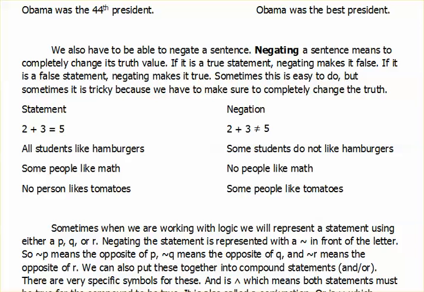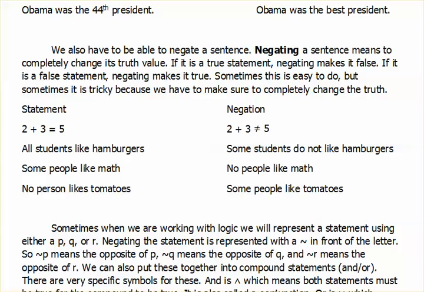Okay, if we have a statement that says some people like math, now that doesn't mean all of them. That just means some. So if there's one person that likes math, that would be a true statement. So in order to make that false, the opposite of at least one would be none. So no people like math would be the negation of that.